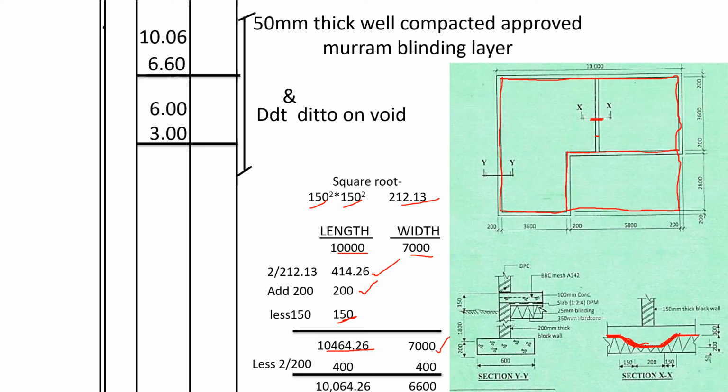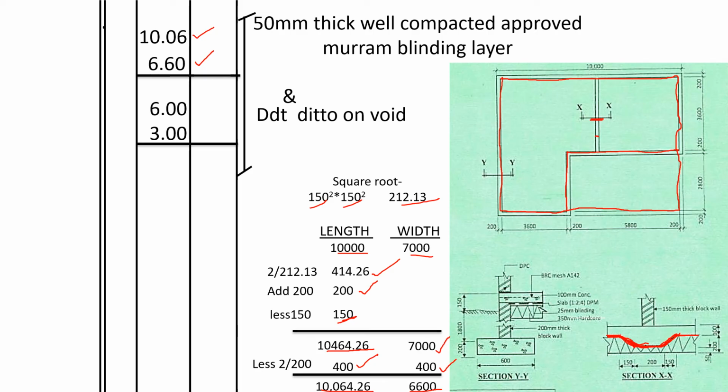Then because 10,000 and 7,000 were the external dimensions, we need to deduct the walls on both sides, which is 400 and 400. So the length for the murram shall be 10,064.26, and for the width shall be 6,600. So that's why we have 10.06 and 6.60.